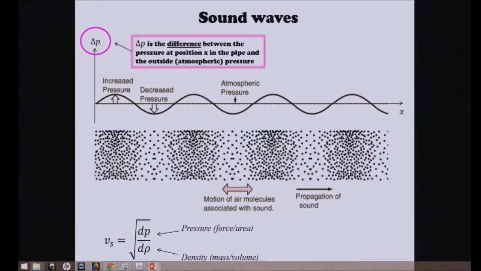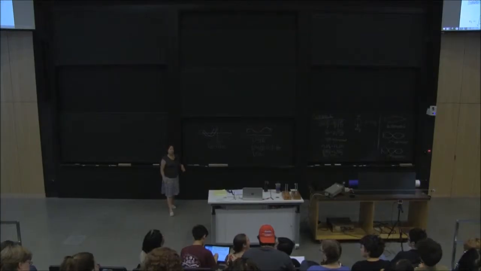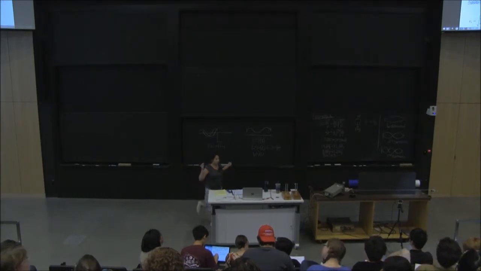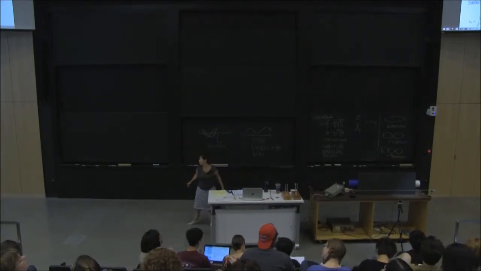You can look in the appendices of your textbook, and you can see that the speed of a sound wave goes as the square root of dP d rho, where P is the pressure and rho is the density. So let's see if this makes sense. What's the first thing we should do to see if an equation is even possibly sensible? Units. Check the units. Let's do it.